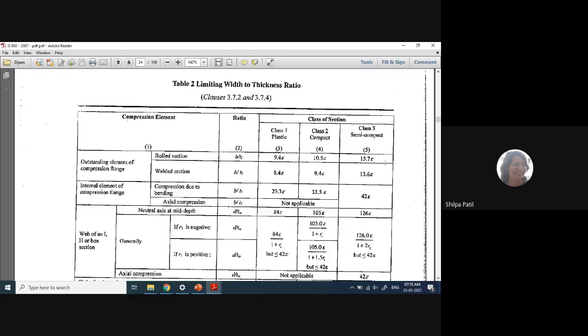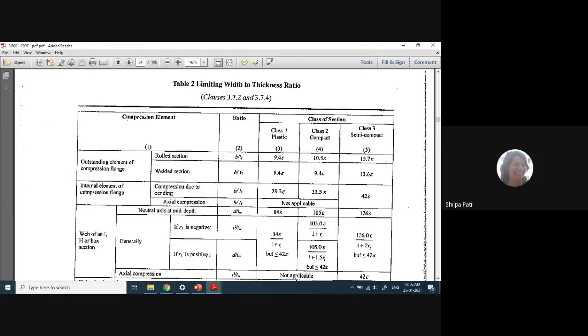Plastic sections are the strongest, whereas the compact section has the capacity to develop the plastic moment, but it is not able to rotate. The plastic hinges are formed, but the section is not able to rotate about those hinges. Before that, the section will fail due to buckling.